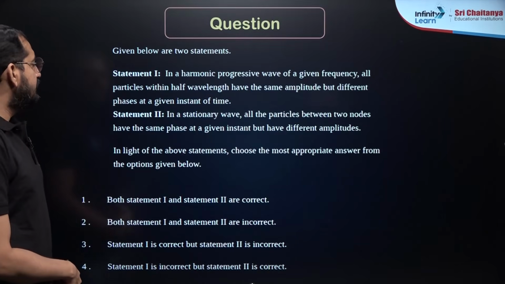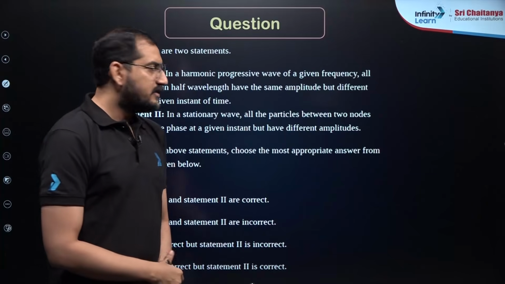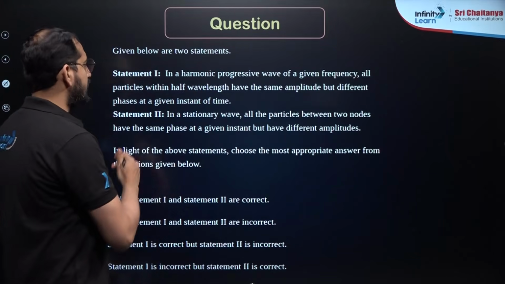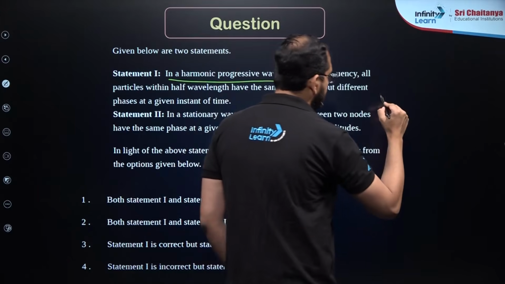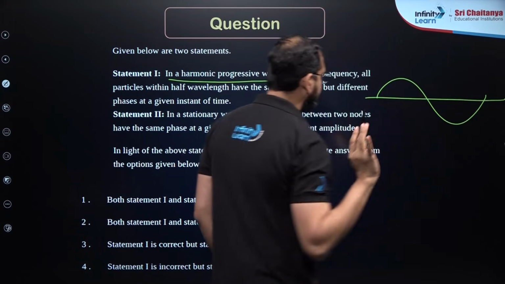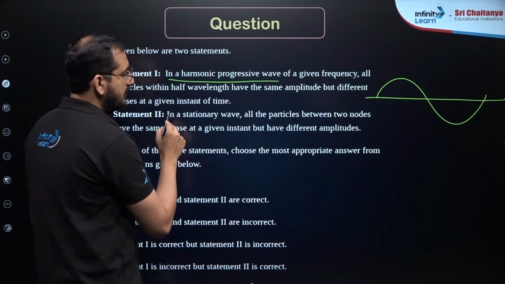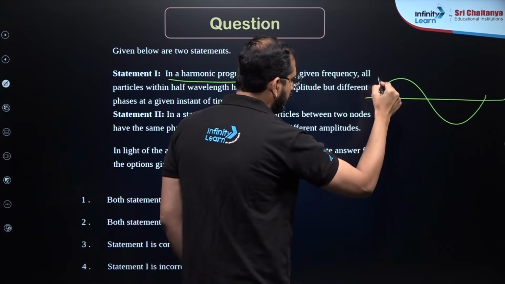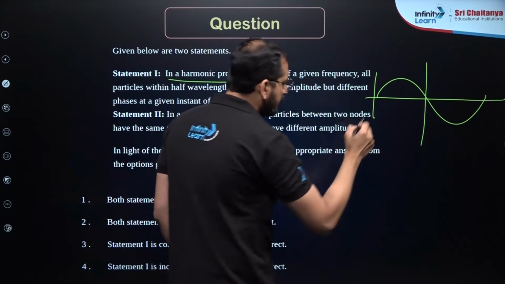Let's move ahead. We need to identify out of these two which are true and which is false. The first statement: in a harmonic progressive wave, it means our normal traveling wave like that, all the particles within the half wavelength, so they are talking about this particular region. What is happening?